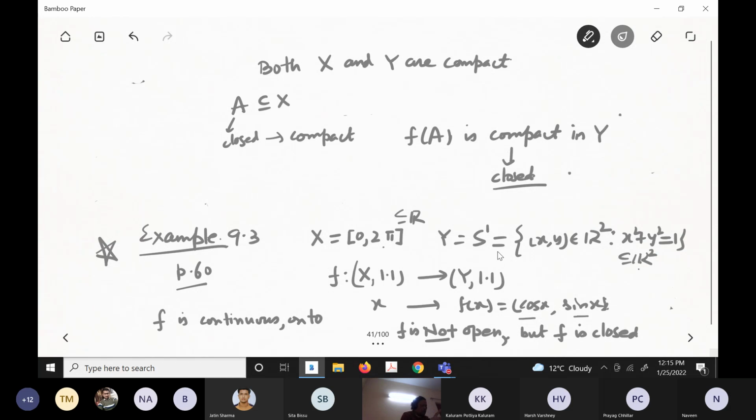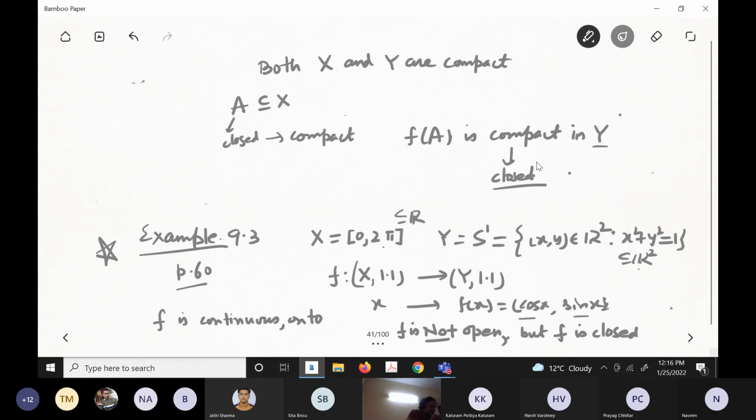You can use that to prove it, and you need the sequential characterization of closure points in a metric space. You can try that as an exercise. But this is the way you can prove this is closed. If you know the idea of compactness, it is immediate. Basically, A is closed in X, so it is compact. The continuous image of a compact set is compact, but it is a metric space, so it is closed.